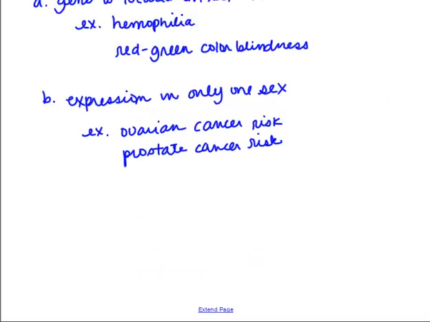Now for C, sex-influenced is when the location of the gene is irrelevant. However, the expression varies between the two genders, male and females. So expression varies between male and female.